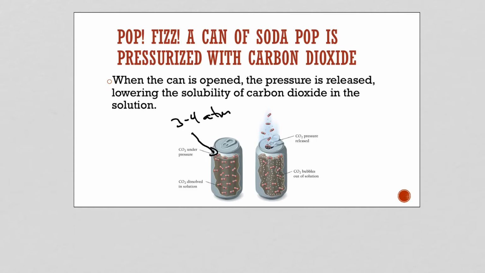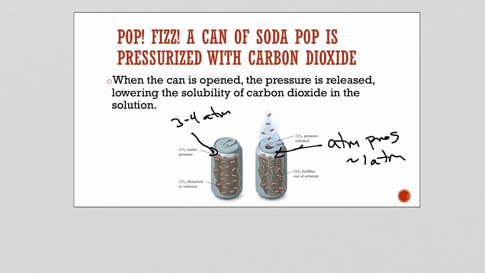Now, as soon as you open that, what you see is a rapid release of carbon dioxide, that fizz. That occurs because now, instead of the pressure above being 3 to 4 atmospheres, that pressure is just atmospheric pressure, or approximately 1 atm. So at that lower pressure, the solubility is much lower, and all of this extra gas wants to bubble out, and you get this rapid bubbling initially.